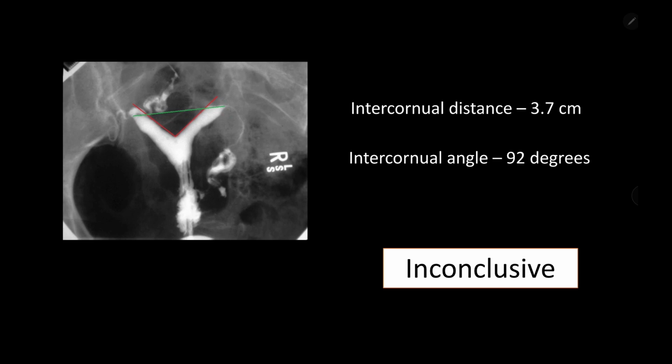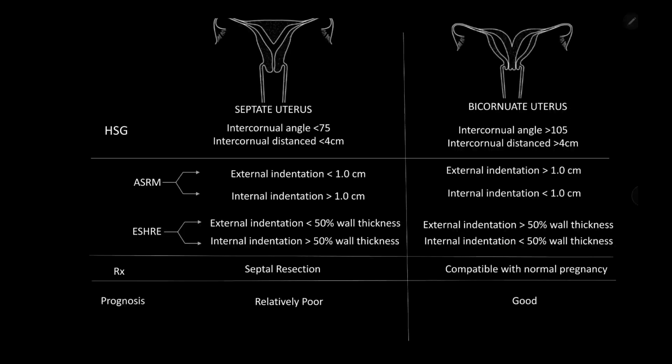So to summarize it, the differences between septate and bicornuate uterus, as we already talked about on HSG, if the angle is less than 75 and the intercornual distance is less than 4, highly likely for it to be septate uterus. If it is greater than 105 and greater than 4, then it is bicornuate uterus.